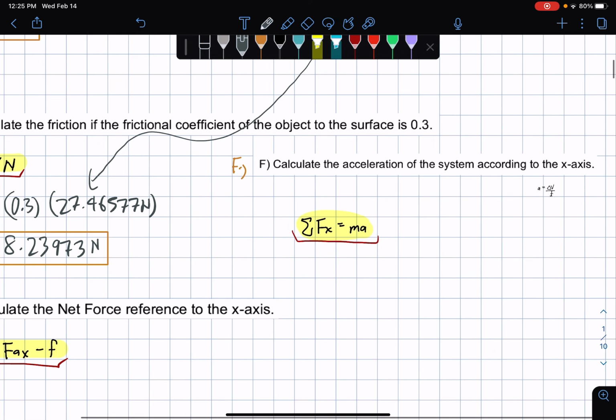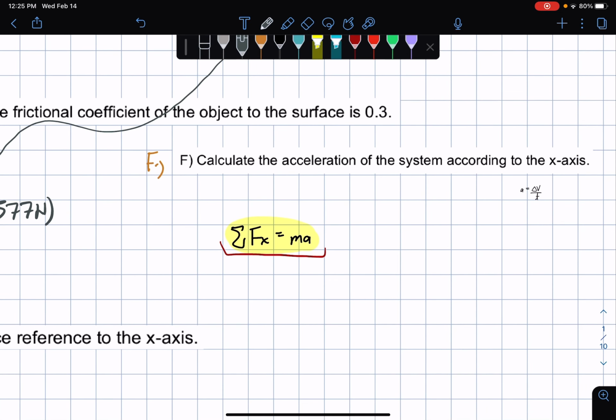So we have to calculate the acceleration of the system according to the x-axis. Summation of Fx is equal to ma. Always remember to memorize that formula. So what's our mass? 10 kilograms, as seen earlier. How about the acceleration?